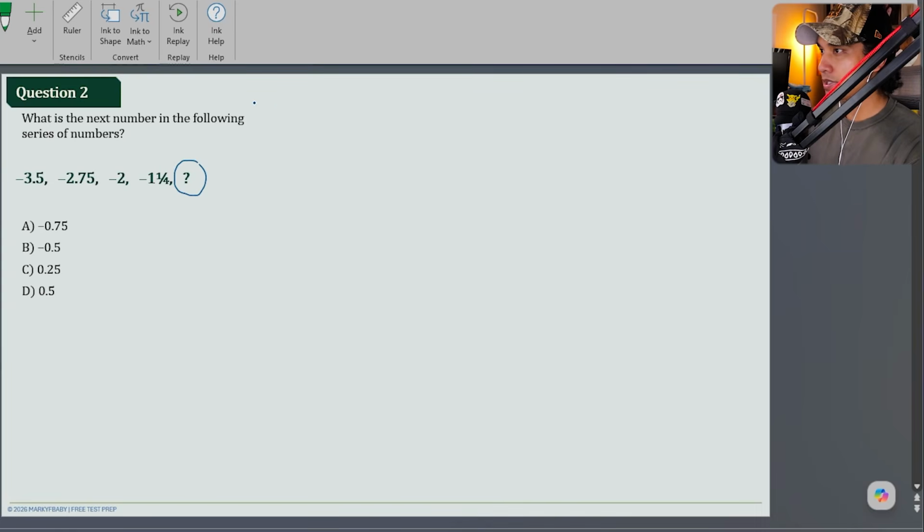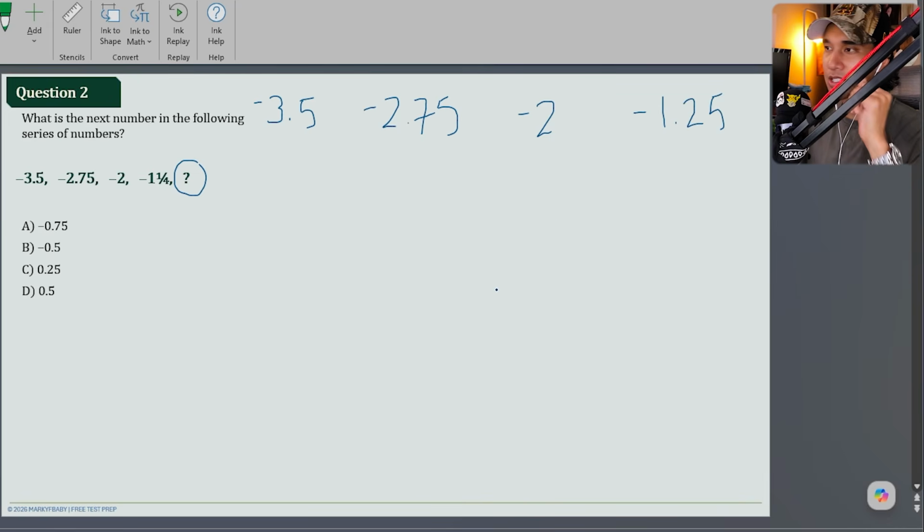You will have a piece of paper and be staring at a computer while taking the test, so the first thing I would do is write everything down, really quick. And then the last one, I'm going to change this -1 1/4 to -1.25. You should know your common fractions, folks. 1/4 is 0.25.